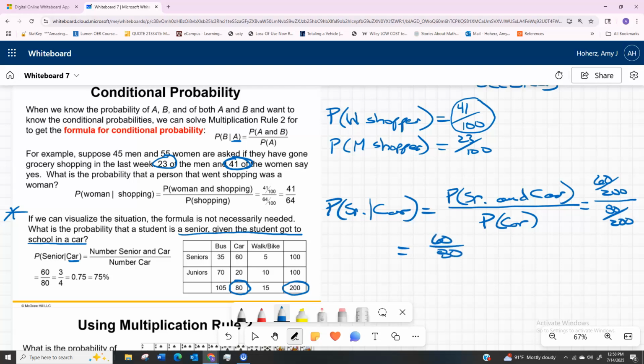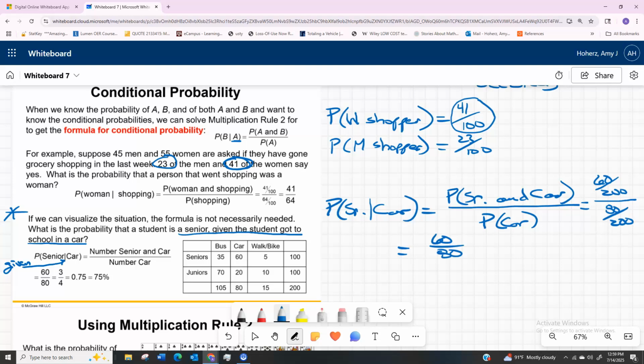However, this is not my preferred method of doing it. Let me show you my preferred method for when you have a table like this and you can really visualize it. Remember that this little bar in the middle here means given. So what we're saying is we want to know the probability that a student is a senior given only the car riders.